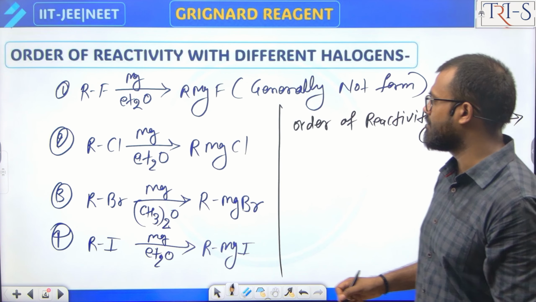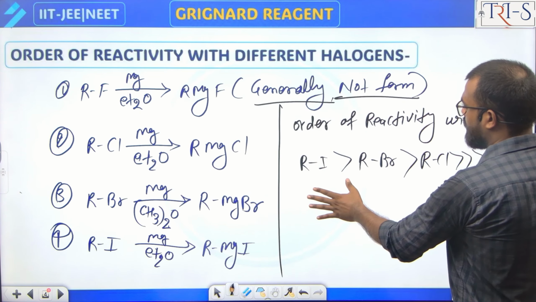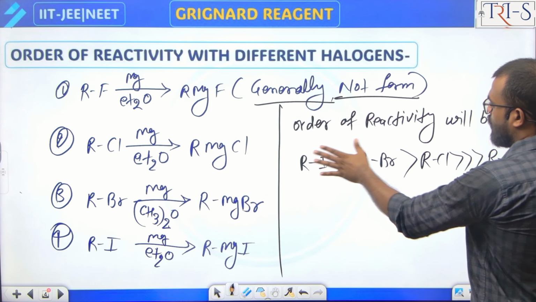Whereas the R-I bond can break easily because the sizes of carbon and iodine differ much. The smaller carbon and larger iodine have a very weak force of attraction, a very weak bond between them, so it can break easily. That is why the order of reactivity is higher for alkyl iodide compared to RBr and RCl, and RF generally will not give it.